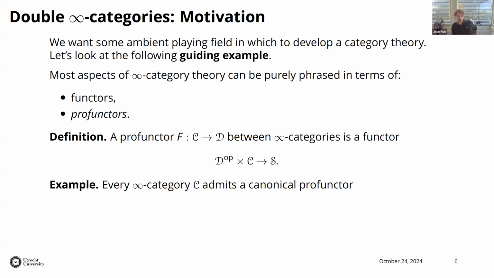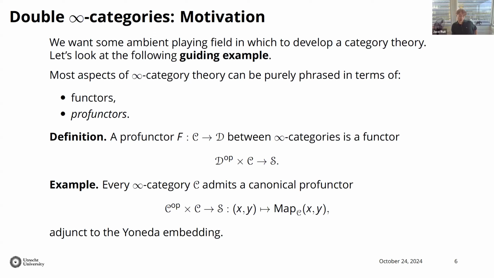So one example of a profunctor is one that you can associate to every infinity category, and it's the mapping space profunctor. It goes from C^op × C to spaces, and it assigns to any pair x, y the space of maps from x to y in C. So this will be my notation for the mapping space.